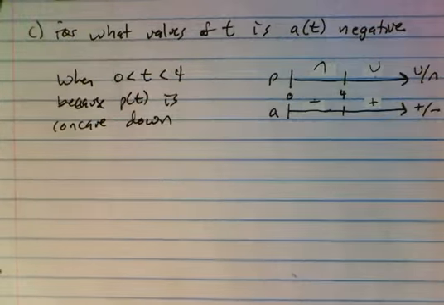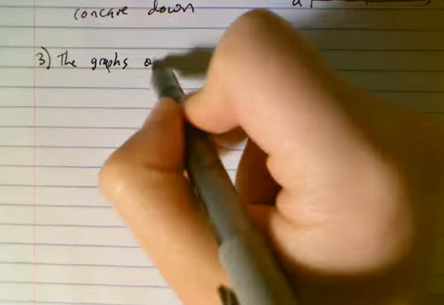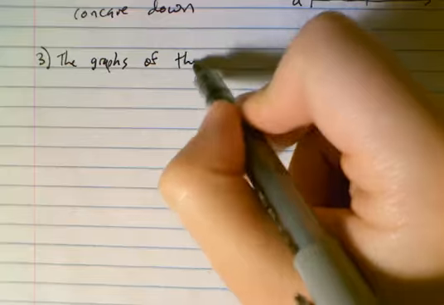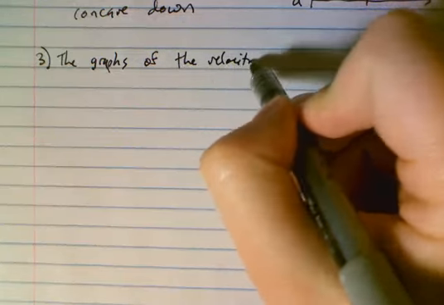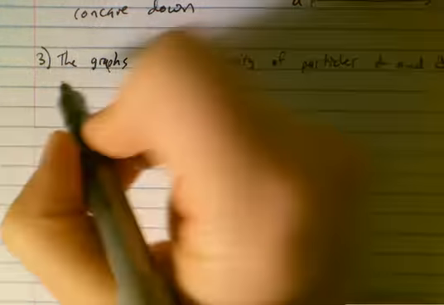The final type of problem that we can see involves two different graphs. So let's say this is our third problem. The graphs of the velocity of particles A and B are below.